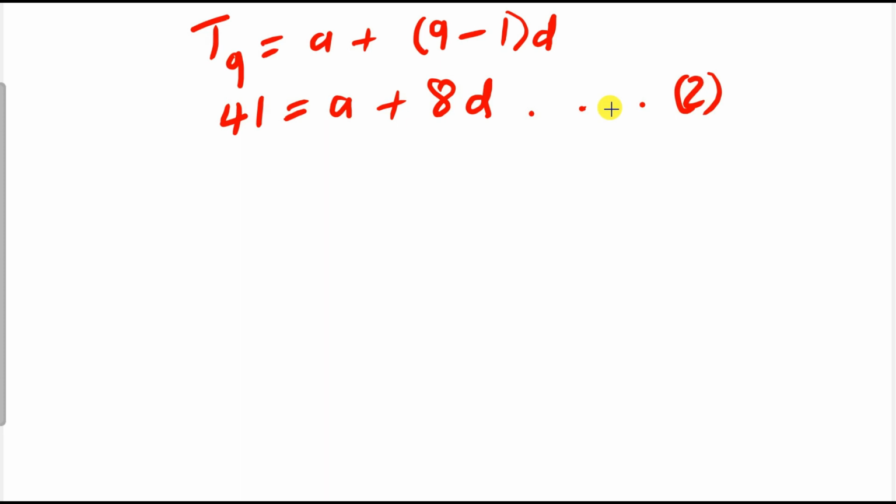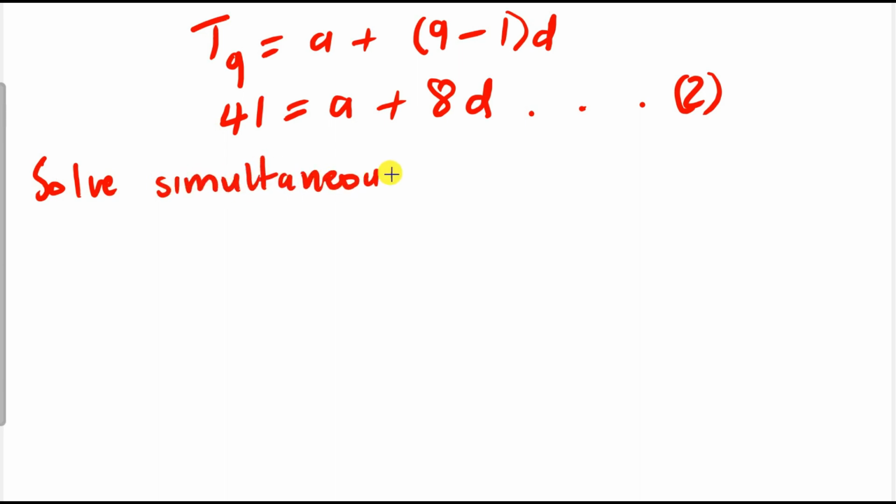Now, we are looking for a and d. Our problem is that we can't solve these directly. So what we can do is solve for a and d simultaneously. So let me just write the statement: solve simultaneously.